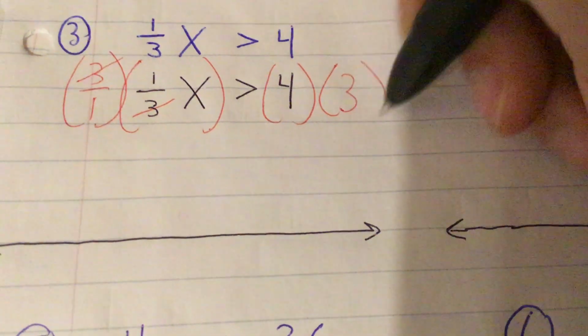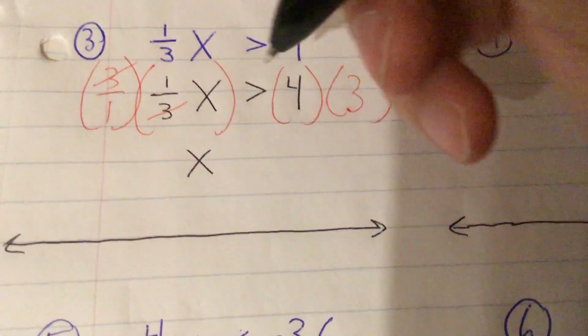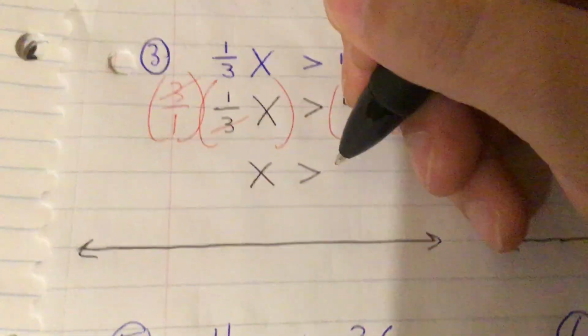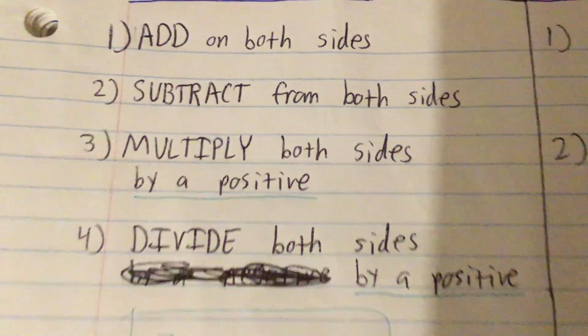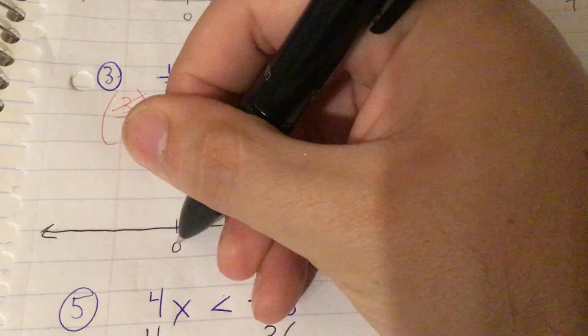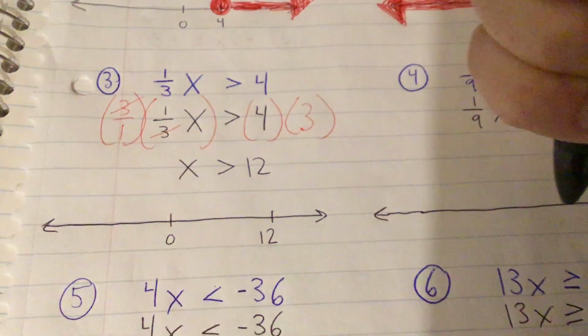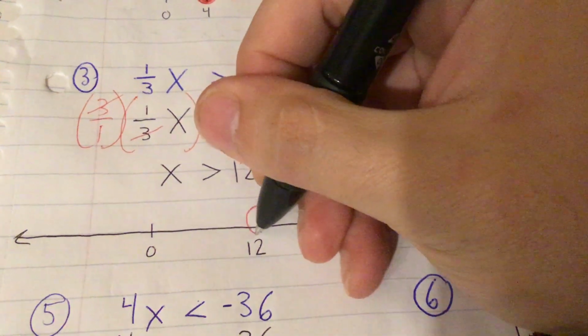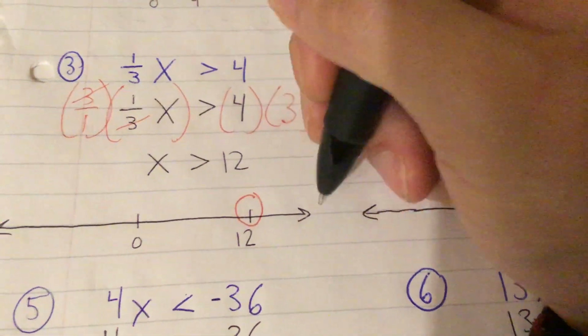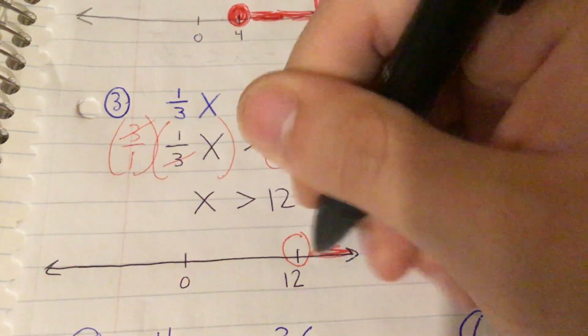And if I multiply the right part by 3, that leaves me with x is greater than 12. Because if I multiply both sides of the equation by a positive number, the sign stays the same. So x is greater than 12. If I put 0 in the middle, let's say I put 12 way over here, all numbers bigger than 12 go to the left or to the right of 12? Goes to the right.